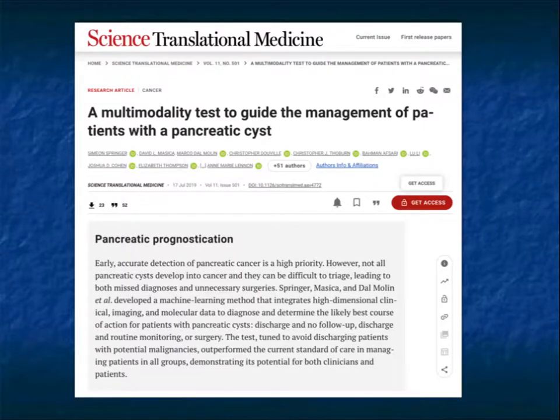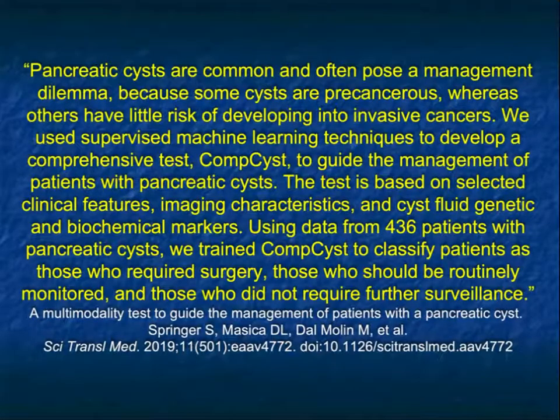Now, this was an article published by the group at Hopkins looking at pancreatic cystic lesions that were concerning for tumors. And what this article did was use computer algorithms to help predict the management of patients with pancreatic cystic lesions.